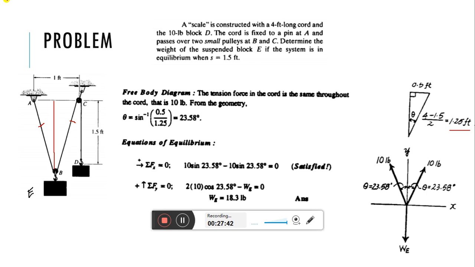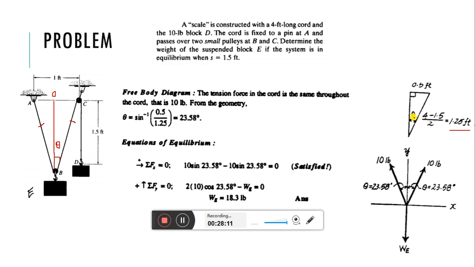And the upper side, suppose this point is O, so OC is how much? 1 divided by 2, so that means 0.5 feet. Okay, so now if this angle is theta, so theta means how much?